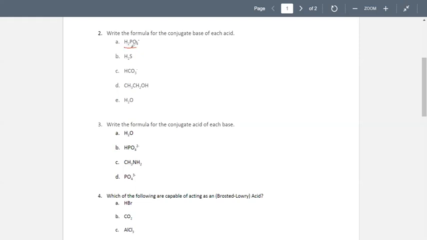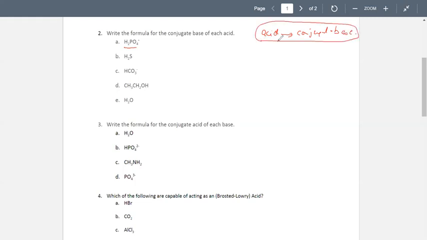Okay, so H2PO4, if it says you need to find the conjugate base of this, then that means this is an acid, right? And then the conjugate base. Because when an acid donates a proton, then it becomes a conjugate base.